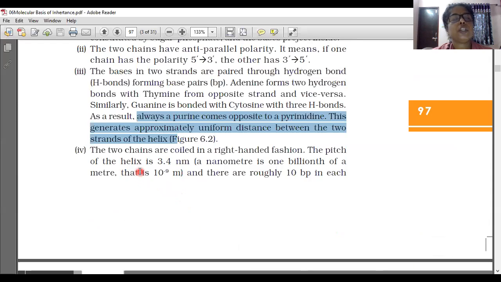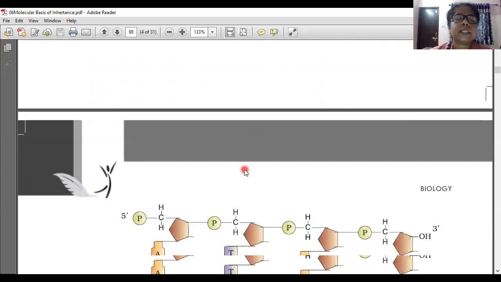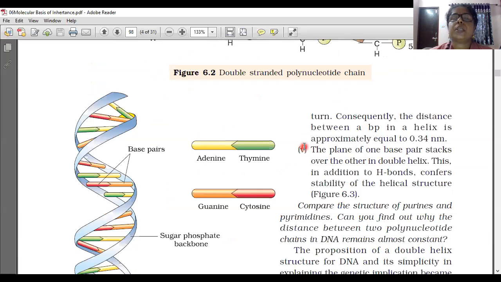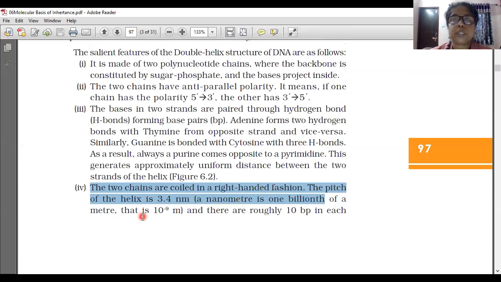Now fourth one, the two chains are coiled in a right-handed fashion only. The pitch of the helix is 3.4 nanometers, and there are roughly 10 base pairs in each turn of the helix.